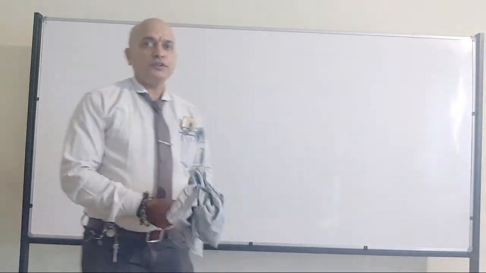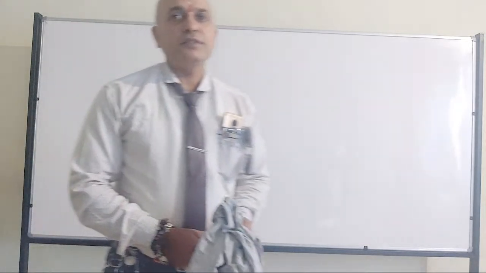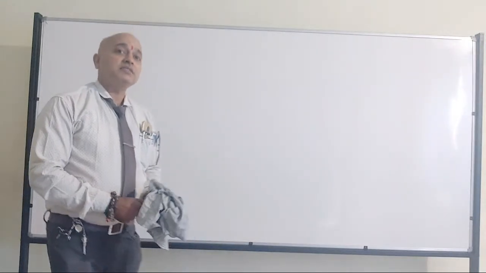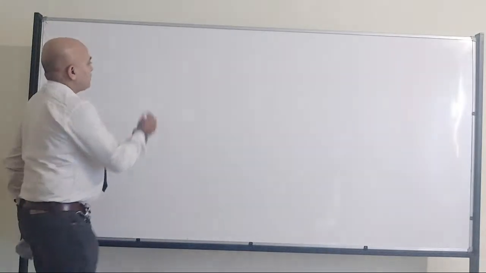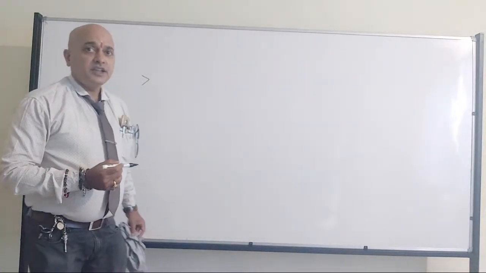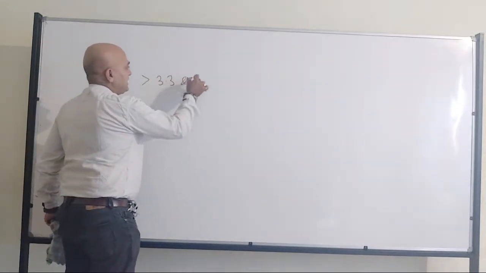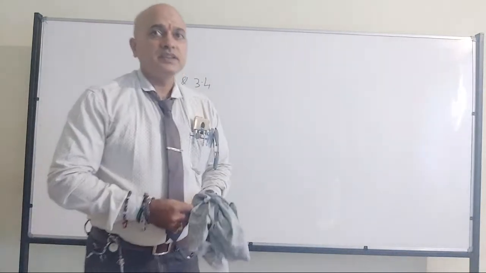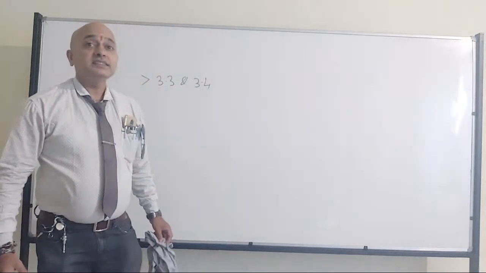So before going to today's concept, as usual, for 2 to 3 minutes we will have a brief view of whatever we have discussed in the last class. If you remember, we discussed 3.3 and 3.4, especially 3.3.